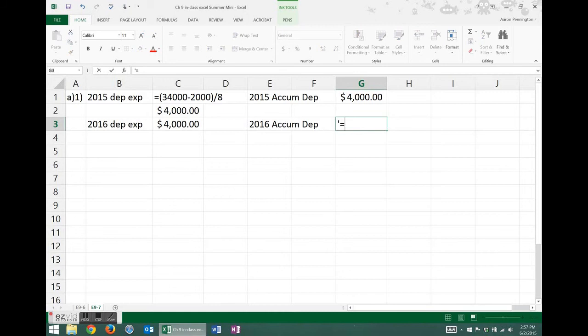It's going to be the 4,000 for 2015 plus the 4,000 for 2016, which is $8,000. The problem didn't ask for it, but I just wanted to visualize. Keep in mind, accumulated depreciation is our contra asset account, so that's just on the balance sheet. All right. We'll need that in Part B too. So we'll just leave that for now and continue on.